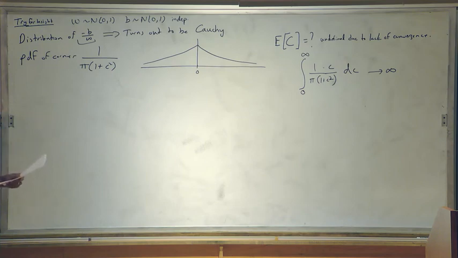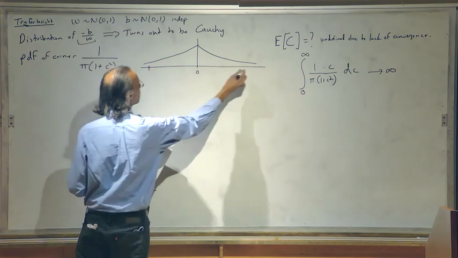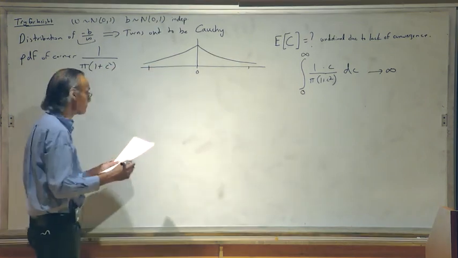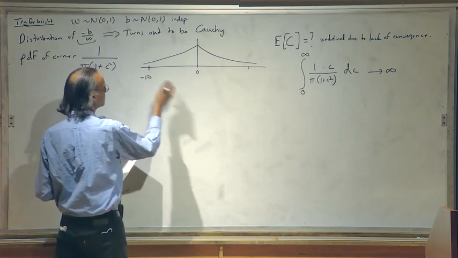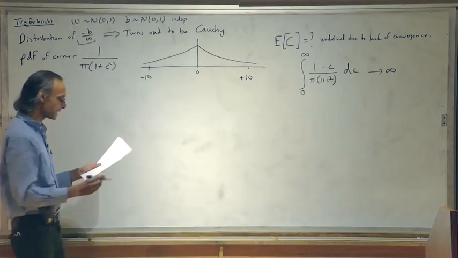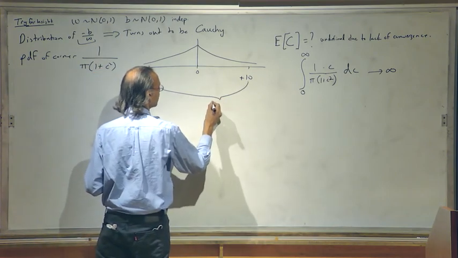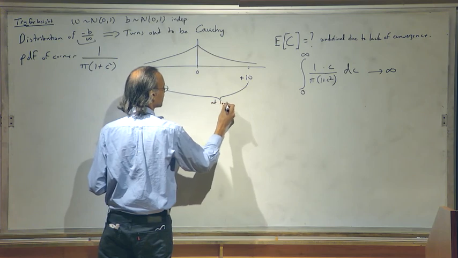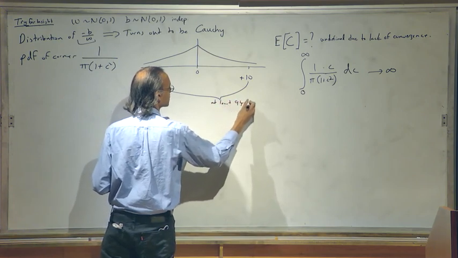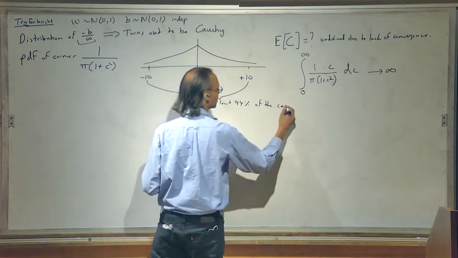So it turns out, looking at this, that if you go out, I just picked a couple of numbers at random, to minus 10 and plus 10, in between that this contains at least 94% of the corners.